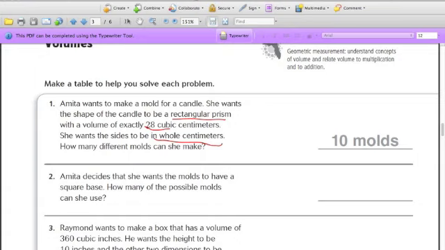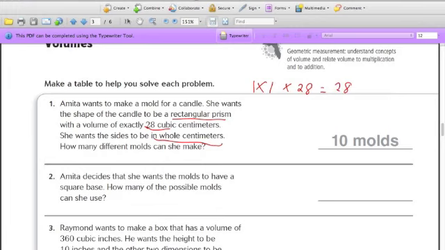So to get an idea of that, I just start up here, and to see what length times width times height can equal 28. So I can start with 1 times 1 times 28. And that equals a volume of 28 cubic centimeters.